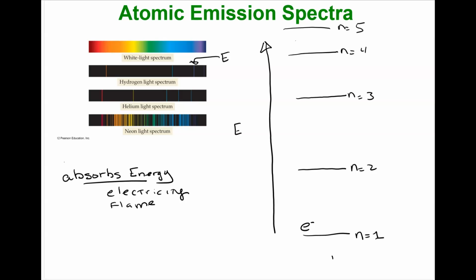The atom absorbs energy. What happens is electrons in the atom, in their orbits, may go from a lower energy state to a higher energy state.